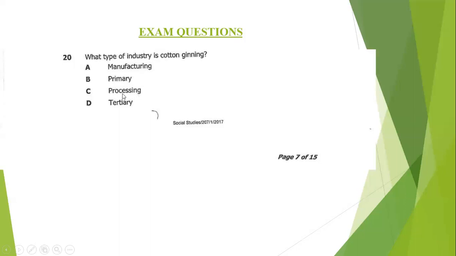So the best possible answer here is processing, because you're getting cotton and having it ready to be processed into other products like clothes. So these questions come a lot in the exam. So this is just evident enough that what we're looking at is very key in examinations.